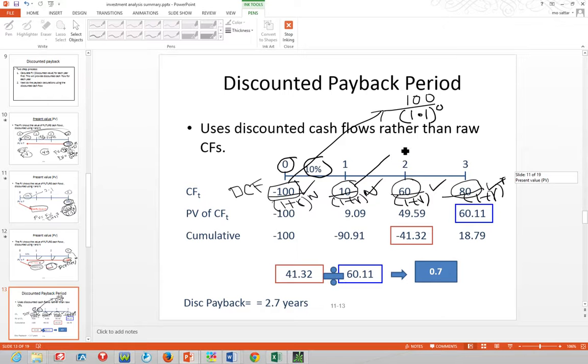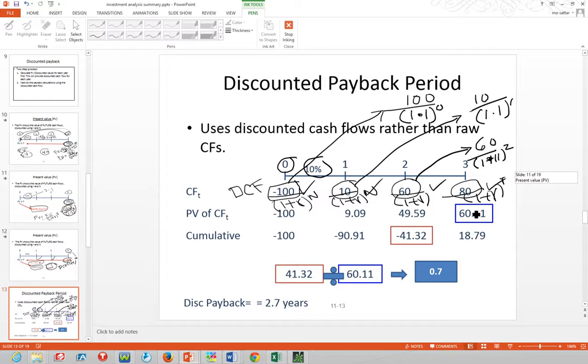This one over here will be 10, that's the cash flow that year, divided by 1 plus R, which is 1.1, raised to n, in this case 1. This one would be 60 divided by 1.1 raised to 2, and so on and so forth.